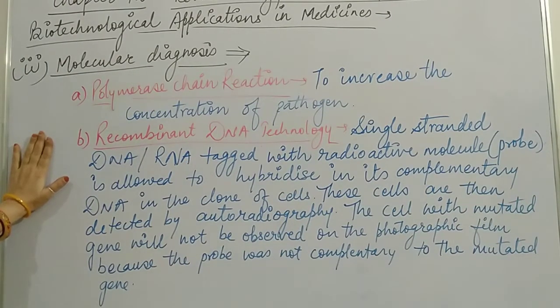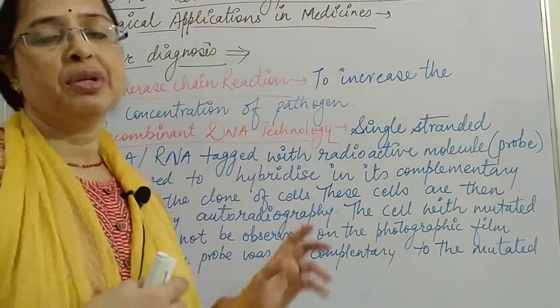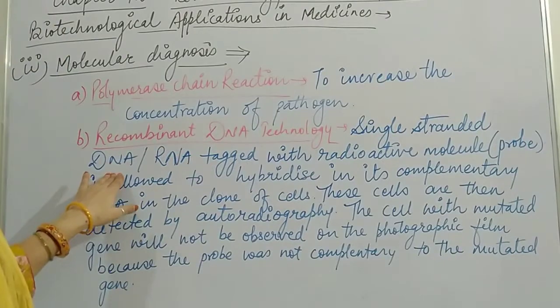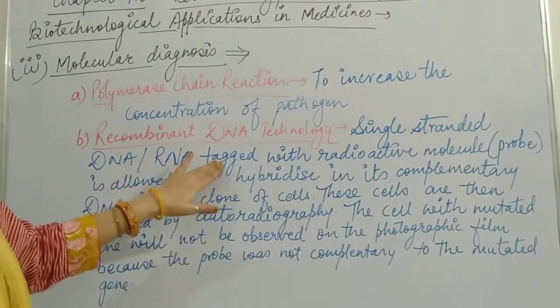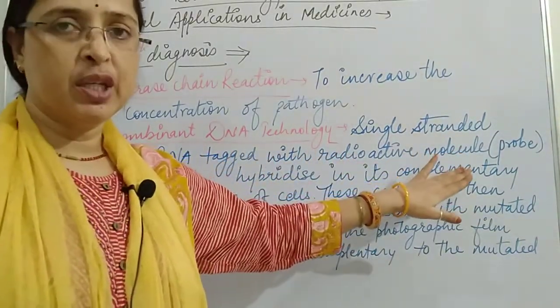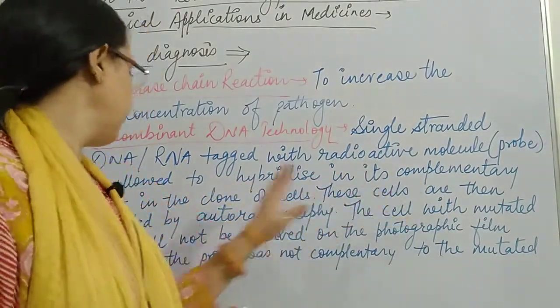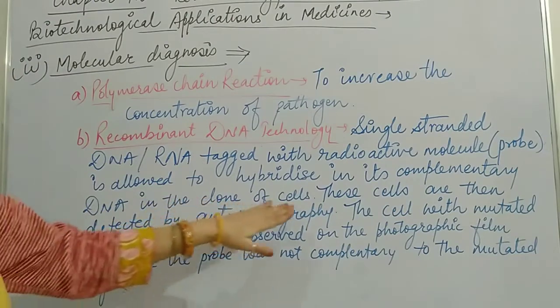Now next is recombinant DNA technology, where we mix the DNA of two different species. So what is done in recombinant DNA technology to diagnose the disease? Single-stranded DNA or RNA tagged with a radioactive molecule is allowed to hybridize with its complementary DNA in a clone of cells.